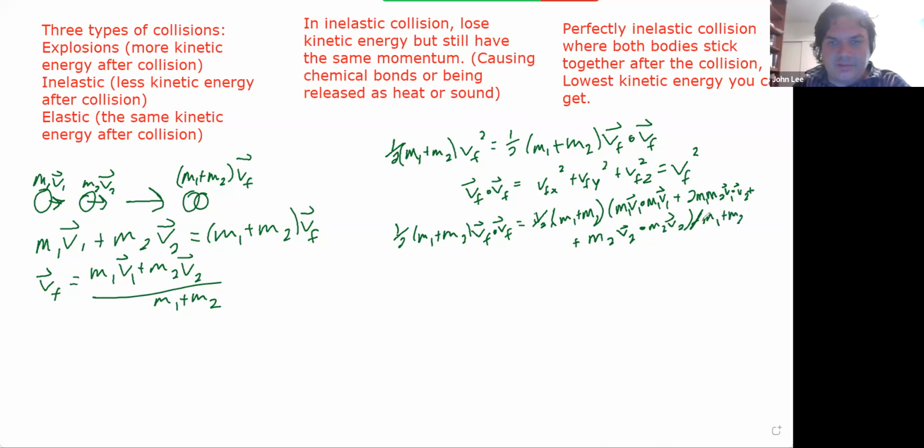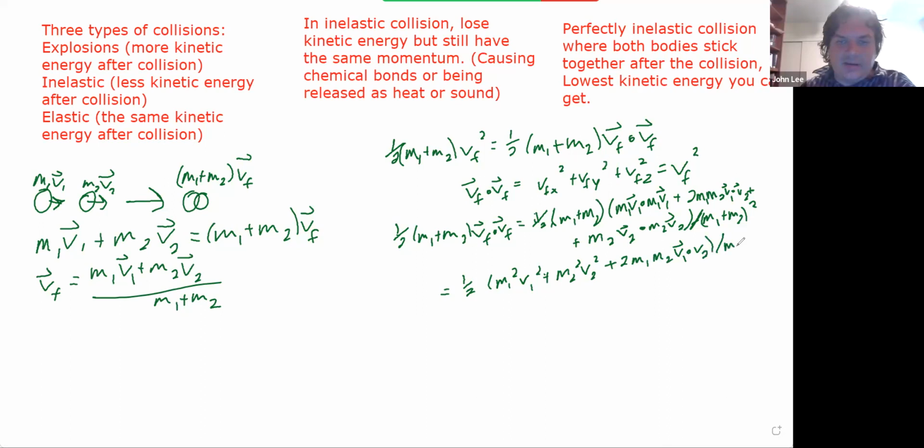And then this is equal to one half M1 squared V1 squared plus M2 squared V2 squared plus 2 M1 M2 V1 dot V2, over M1 plus M2.